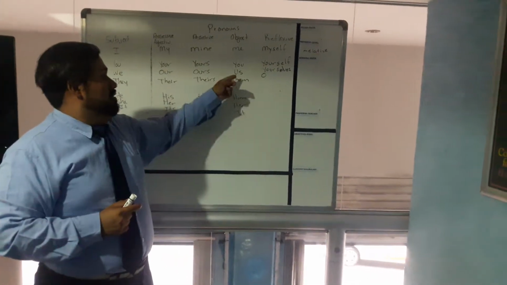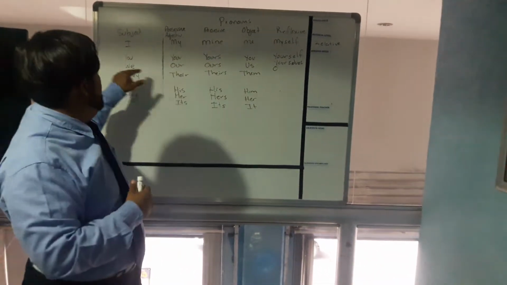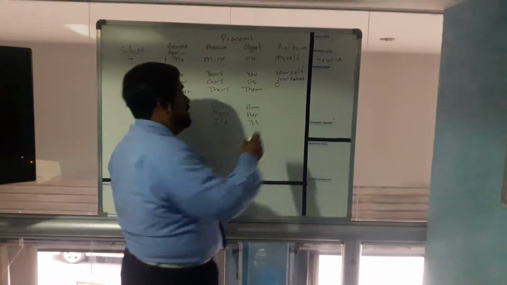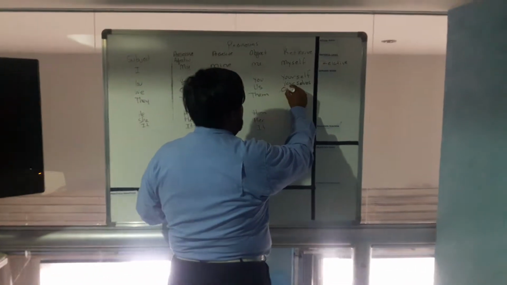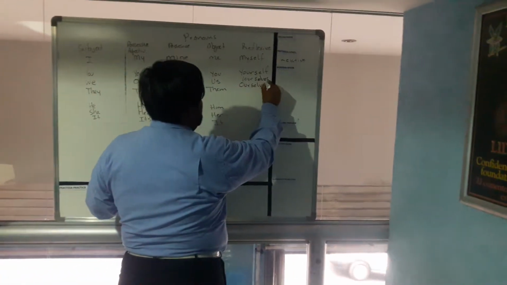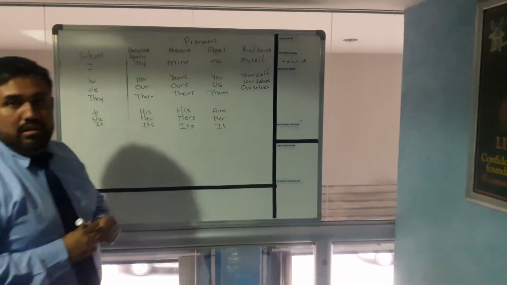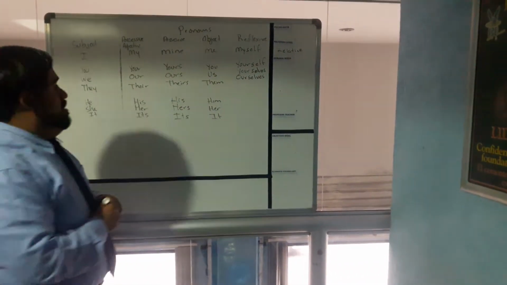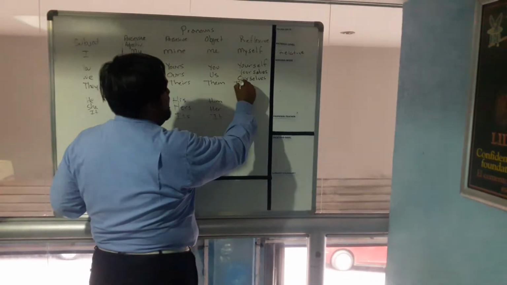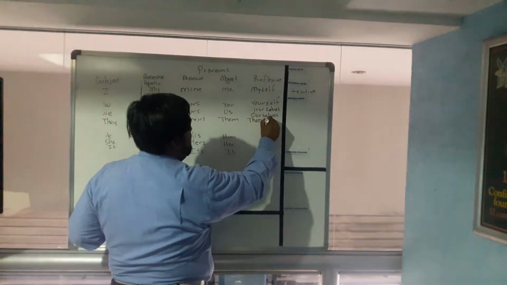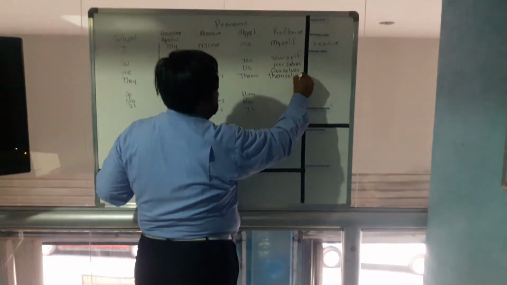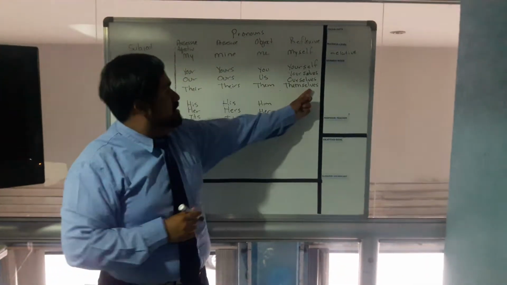So obviously, the equivalent of we would be ourselves, and it's the same writing. Now for they it would be themselves. You see how it changes?